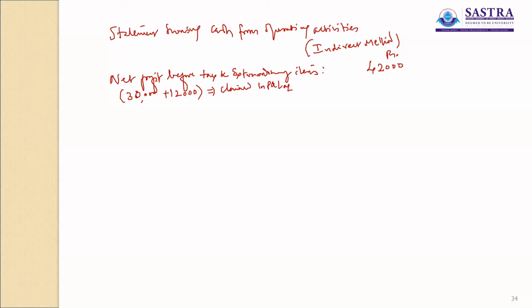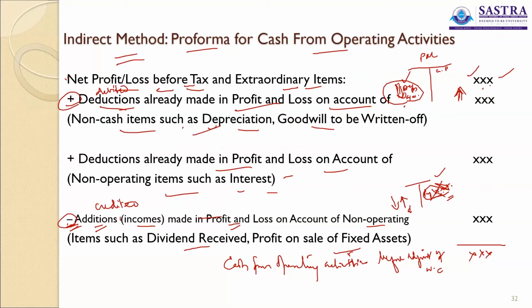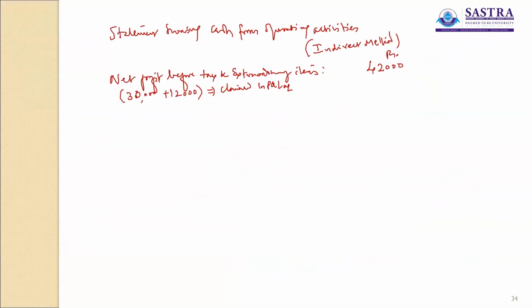From this, the format says I have to add back the non-cash items. Here, goodwill written off is not there in the question. So, depreciation is to be added. Being a non-cash expense, it is already debited.